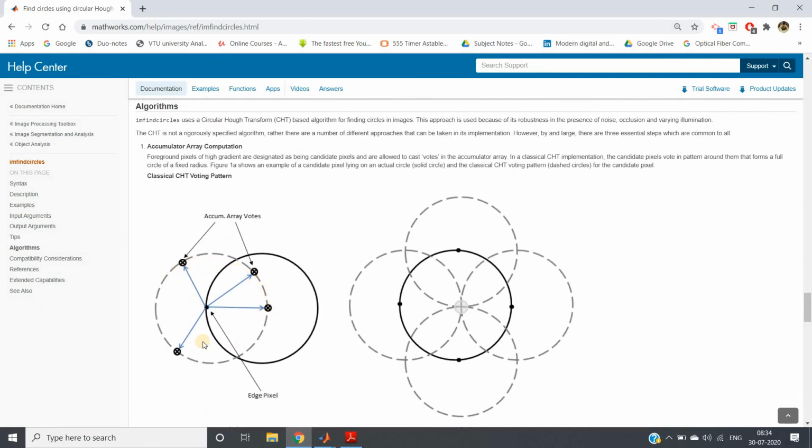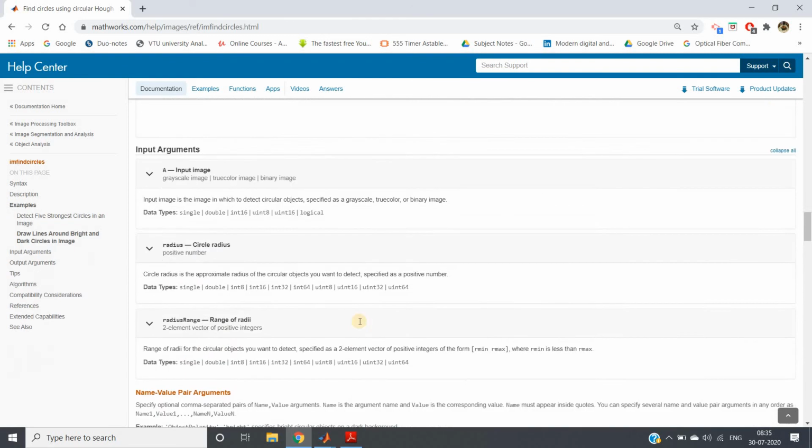On each edge pixel we are basically plotting circles, these are the accumulator arrays, and where there is a huge concentration of intersection, that is basically our desired (a, b).